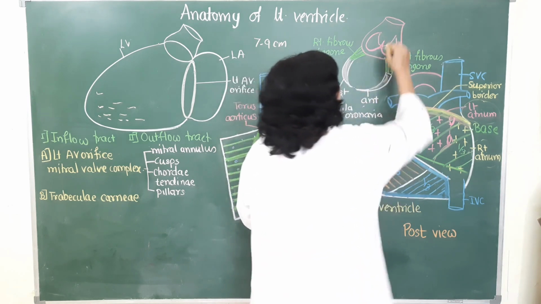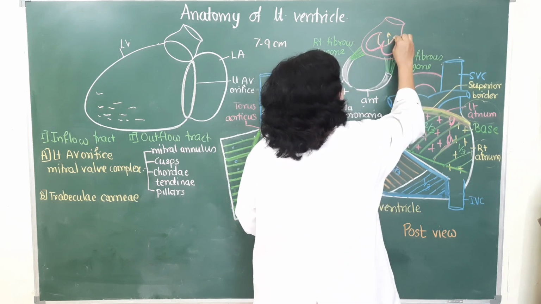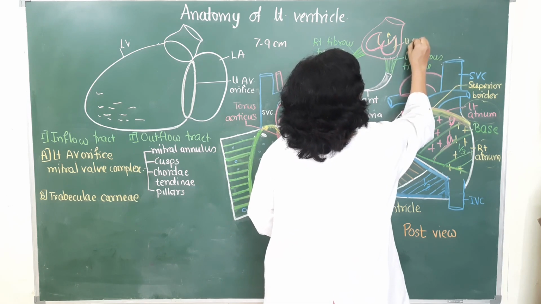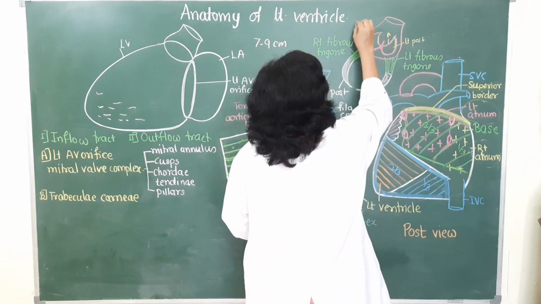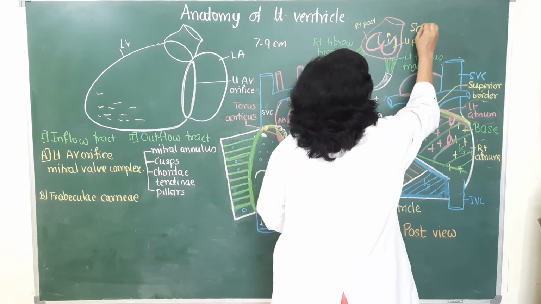So here you get, this is the anterior aortic scallop. Here you get, this is the left posterior aortic scallop. Likewise here you get, this is the right posterior aortic scallop.